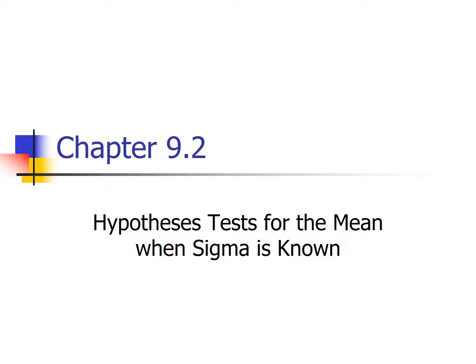Ideally, we want that beta to be as small as possible, but for that to happen, we might have to take a large sample, and a large sample may or may not be something that we can afford. So, with that in mind, let's look at how we might actually do a hypothesis testing problem all the way from start to finish.